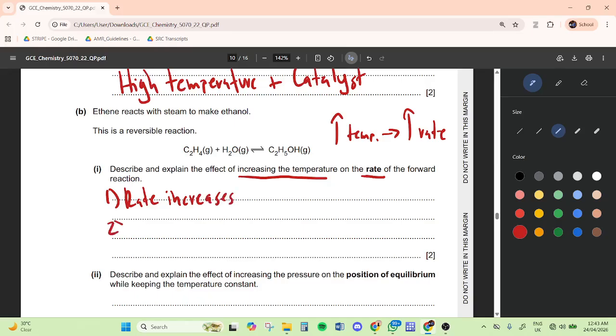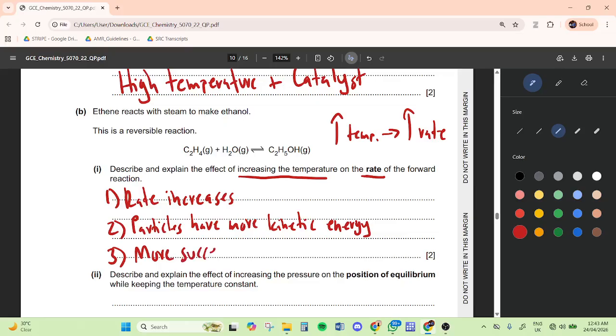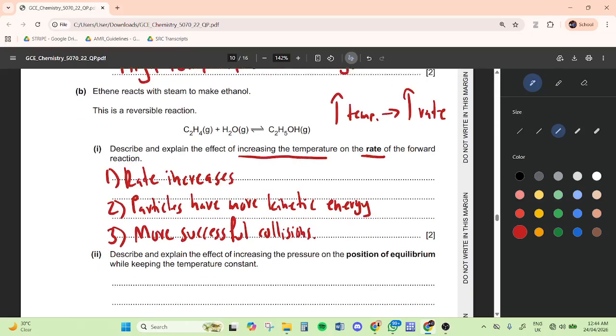This is because particles have more kinetic energy. Because they have more kinetic energy, they're able to have more successful collisions. And because they have more successful collisions, the rate of reaction increases. Because at the end of the day, you're looking for more effective collisions to take place.